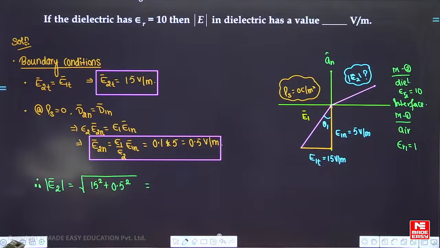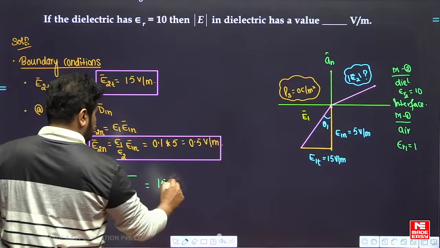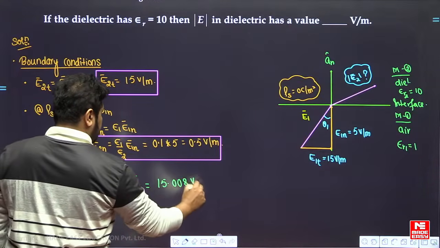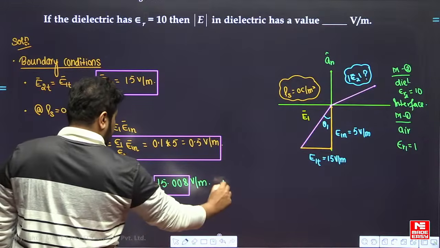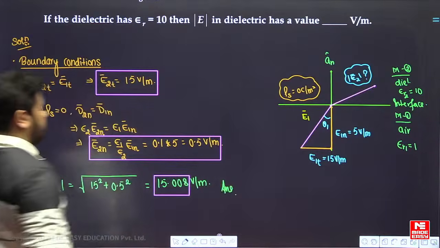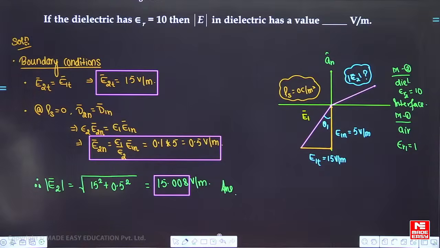It is coming to be 15.008, right. It is coming 15.008 volt per meter. So, this should be the answer. Now, this is NAT. So, answer will be 15.008. Yes, Ashish Kumar, correct.